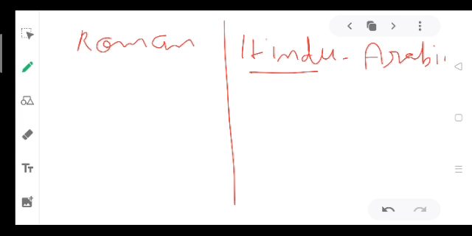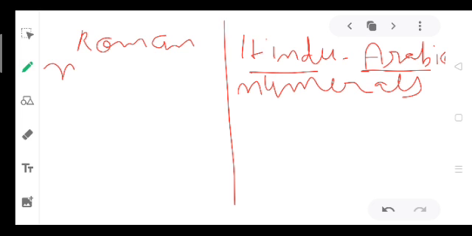Hindu-Arabic numerals, or you can say numbers. Here, Roman numerals or Roman numbers.